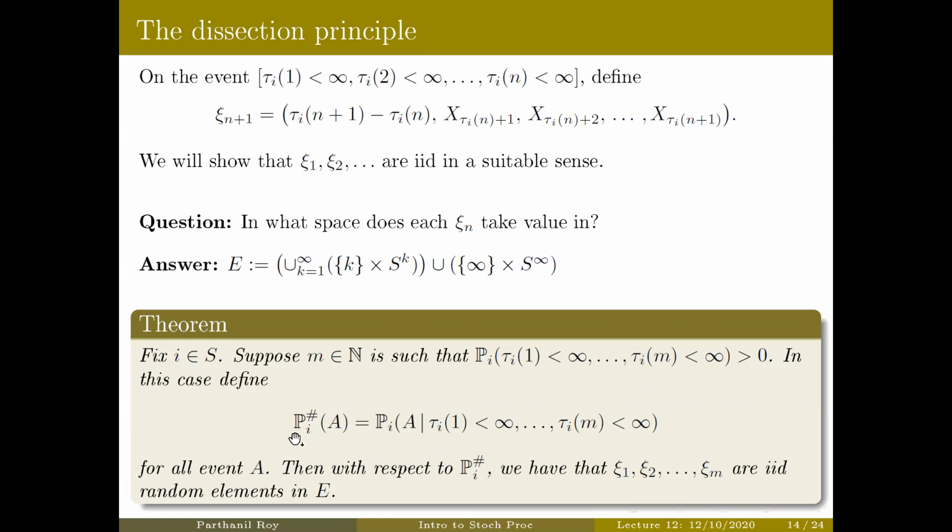Note that under this probability P hash, all of the first m return times are finite with probability 1. Therefore, psi 1, psi 2, all the way up to psi m are well defined. We can say that under this probability P hash, psi 1, psi 2 up to psi m are IID random variables taking value in this space E. Okay? This is the statement of the theorem.